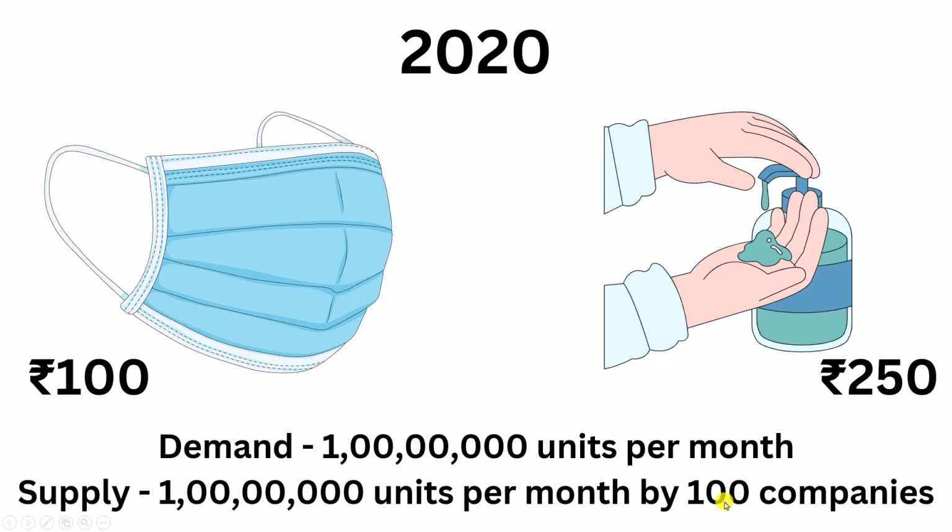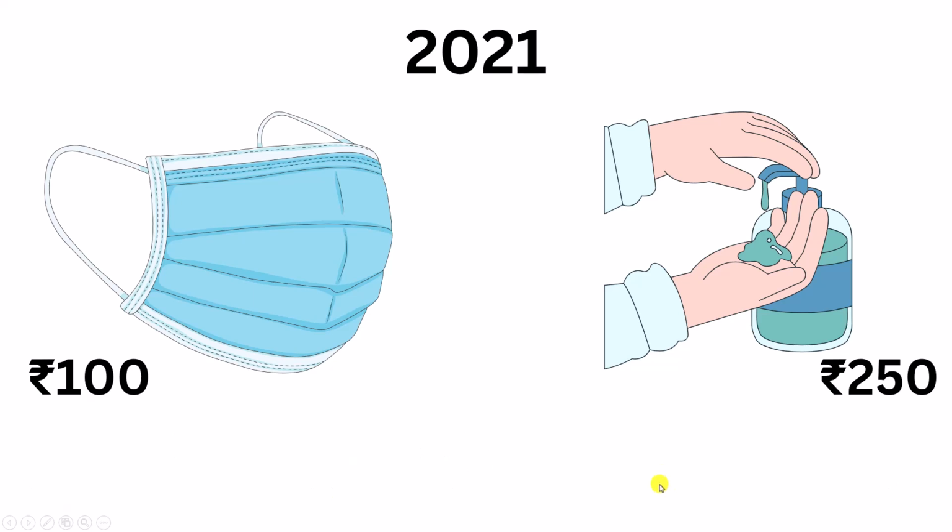There were 10 companies initially, that was just an example. 90 more companies started manufacturing masks and sanitizers, and they were able to supply these many units. The demand was this much, the supply also matched the demand. And so now once again the demand and supply are balanced.